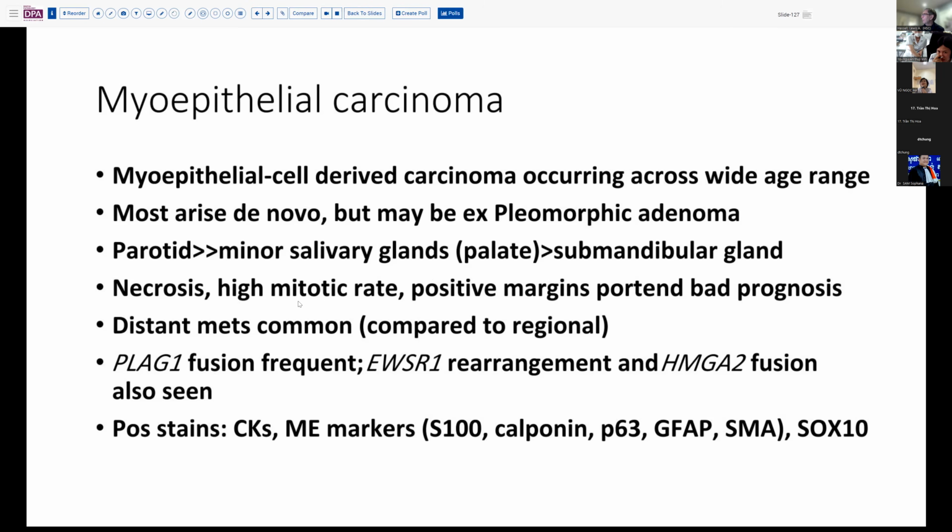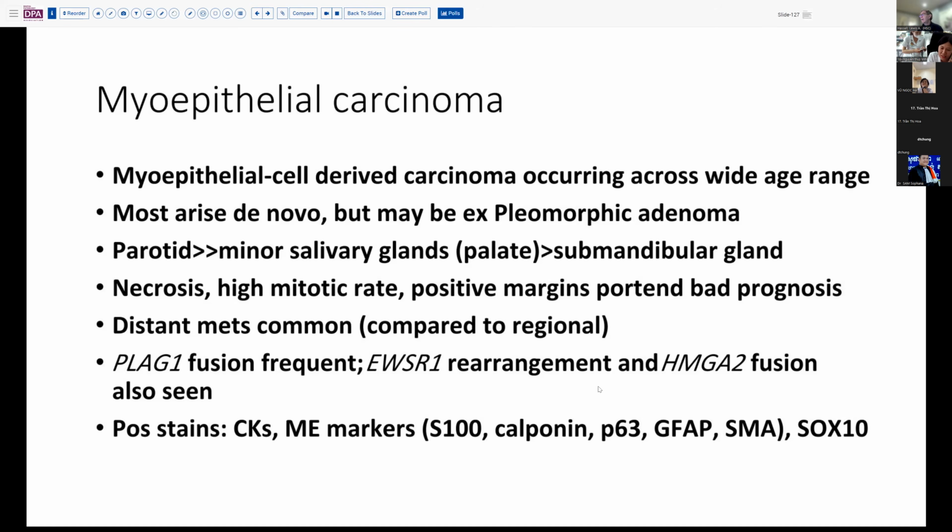And this is a tumor that has metastases even more frequently than regional spread. So lung metastases ahead of lymph node metastases and so forth. And this is associated with these PLAG1 fusions, as well as EWSR1 rearrangement or HMGA2 fusion.